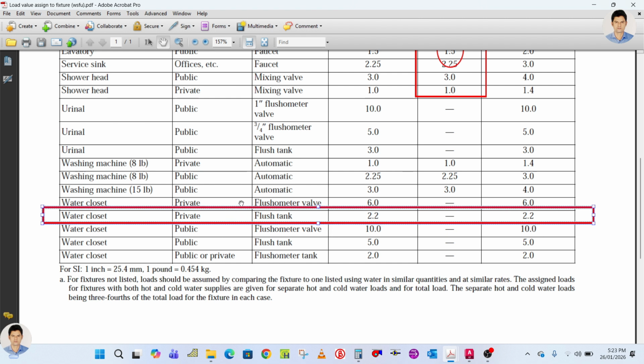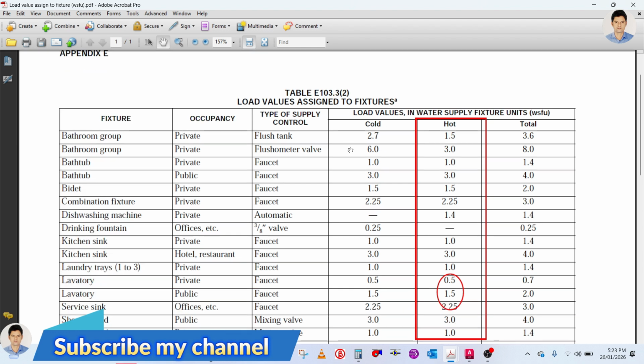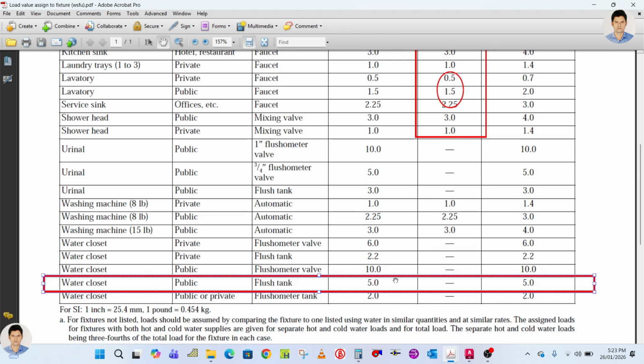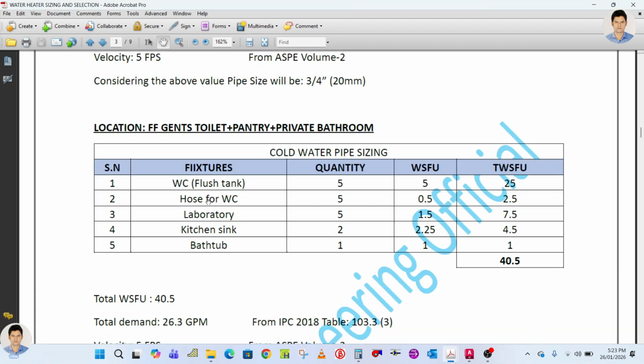I need public flush tank. Here, move down further. This is public flush tank. So here is the cold water column, and you can see the value is 5. Hose for WC is 0.5 here, assuming the nearest value for similar fixtures.